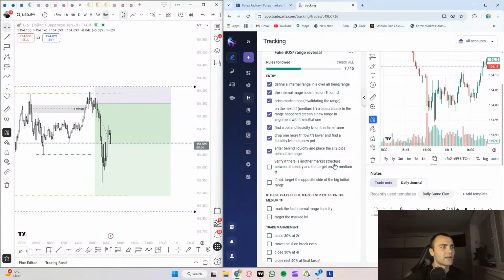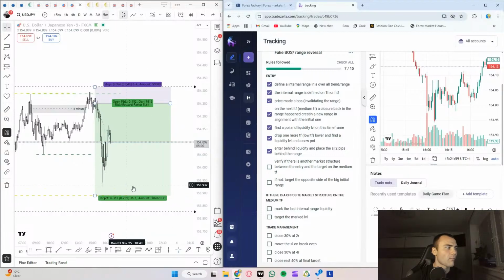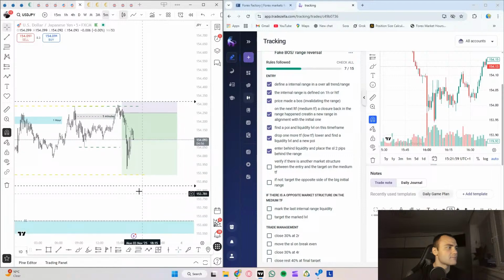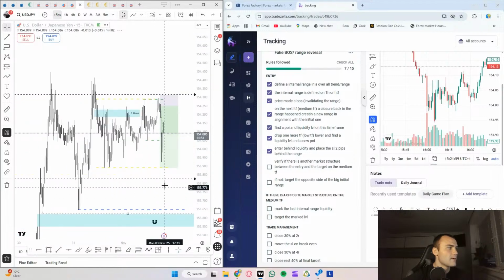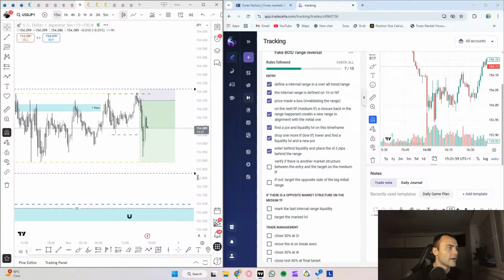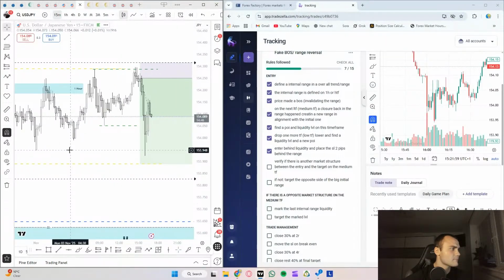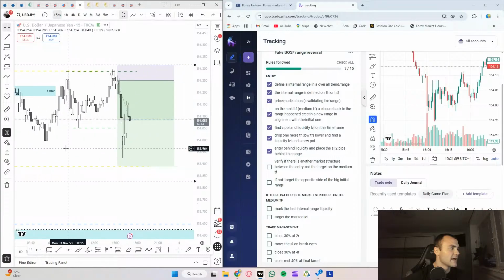Verify if there is another structure between the entry and the target on the medium time frame. So, well, this is what, I'll not say mistake, but what basically happened.